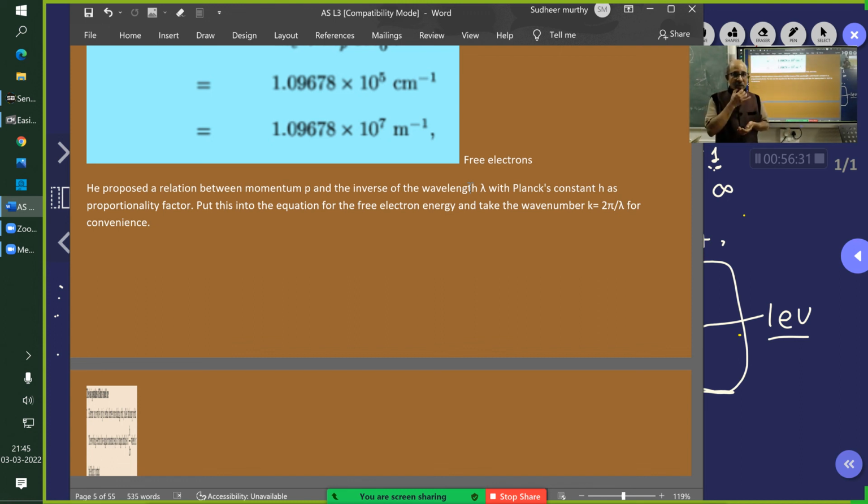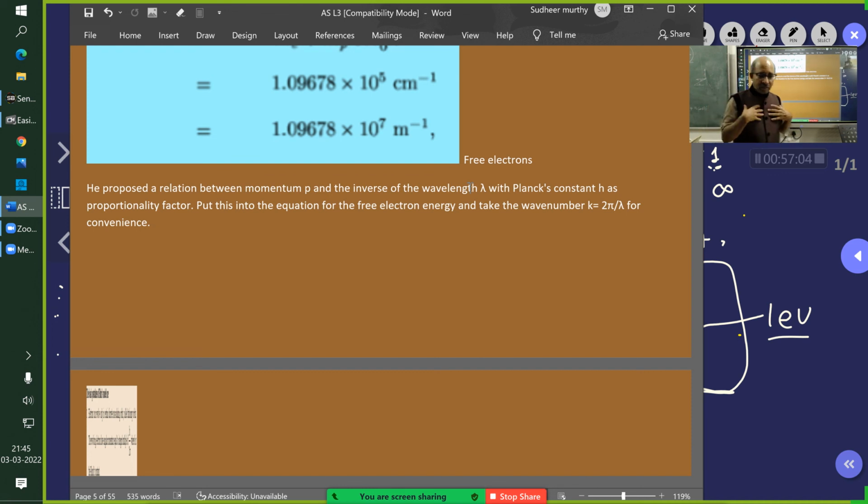So one set of scientists said electron is a particle, another set said electron is a wave. Now who is right? You cannot have both, correct? So de Broglie will come into the picture and say that any entity which has got momentum can be written in the form of a wave function.